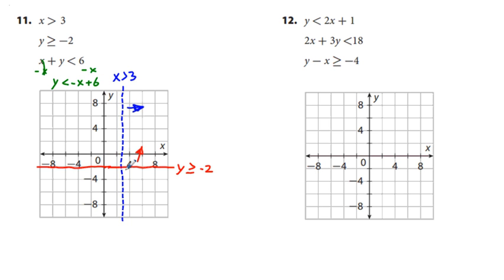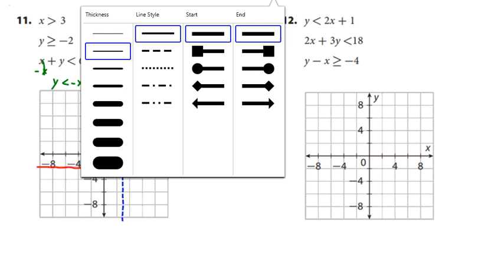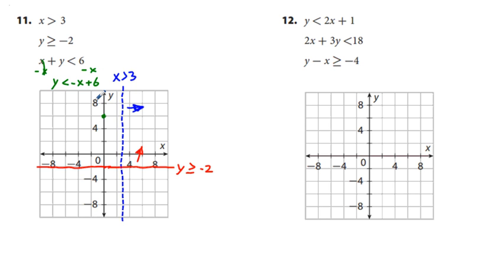And for that we go to the y-intercept of 6, and we have -x. So that is going to be a less than, so that's a dashed line. So we come here, it's negative, negative, negative. So it's just a dashed line like this.